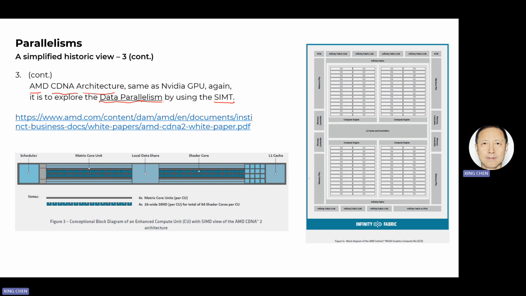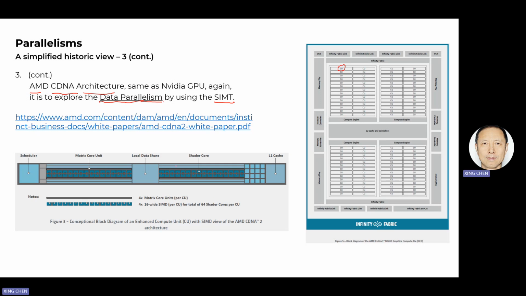And we have just a very quick look at this AMD GPU. In AMD you don't have the SM, stream multiprocessor. What you have is called a CU. CU is compute unit, and you have lots of compute units.